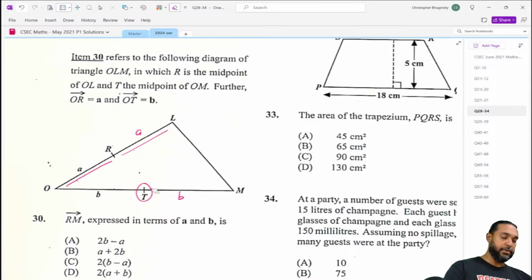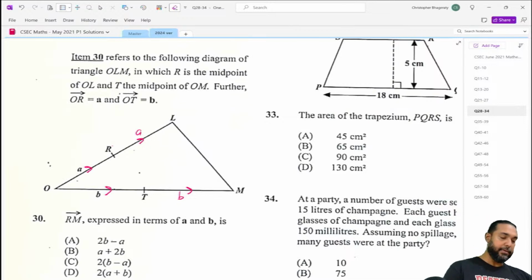Okay. So to go from R to M, we could go, hold on. This is that way. Sorry, my arrowhead's not that good.